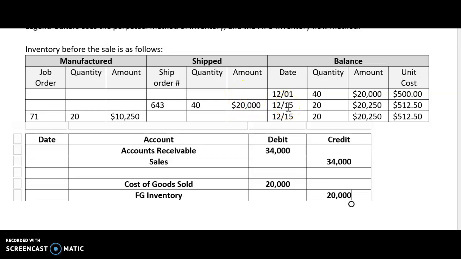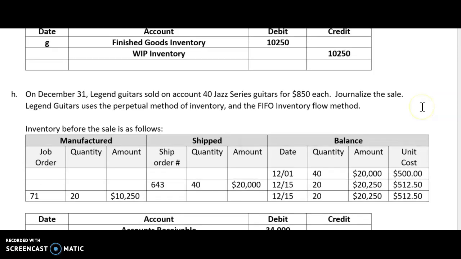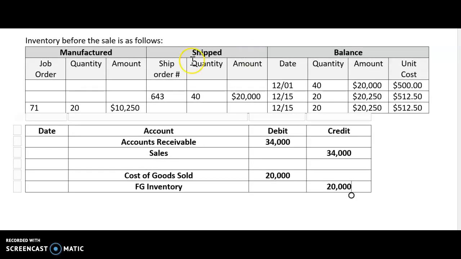And then we just finished manufacturing job 71. So the next ones we sell will have a little bit higher original cost. They'll be $512.50 each. Okay, so these are the journal entries that you will be doing in chapter 19. Let me know if you have any questions.